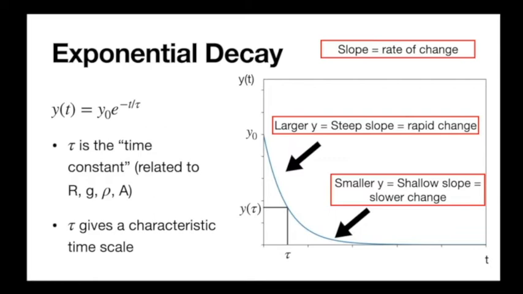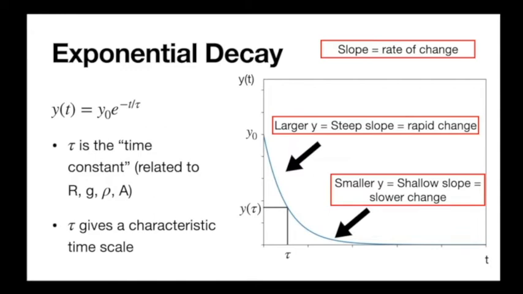The other thing that I've noted on here is the steepness of the curve and how it changes over time. So not only are we decaying from some value down to 0, the rate of change of that decay is changing.